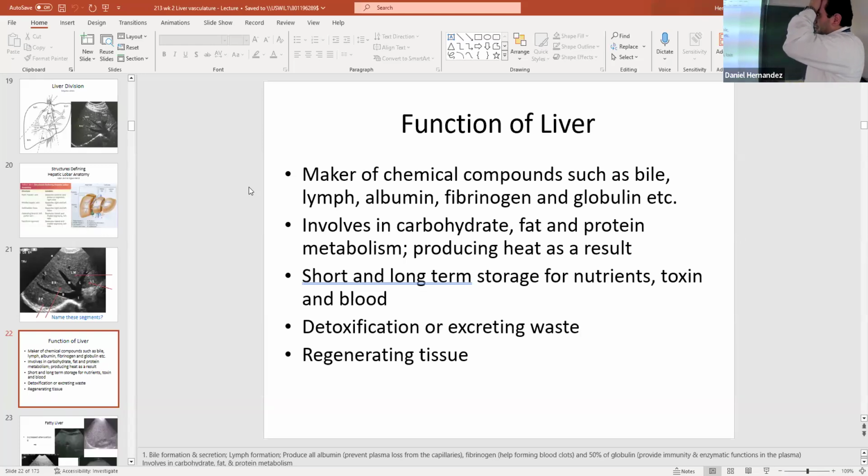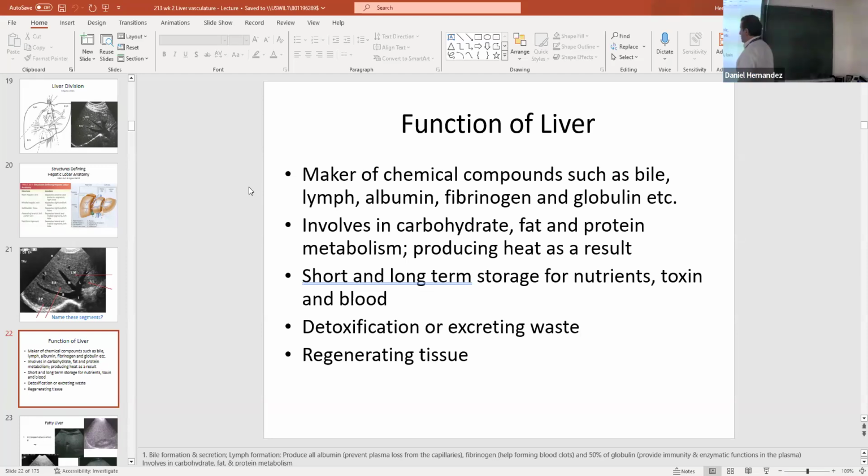So the liver functions. The liver is responsible for making certain chemical compounds such as bile, lymph, albumin, fibrinogen, and globulin. The liver is also involved in carbohydrate, fat, and protein metabolism, and produces heat as a result of that metabolism.